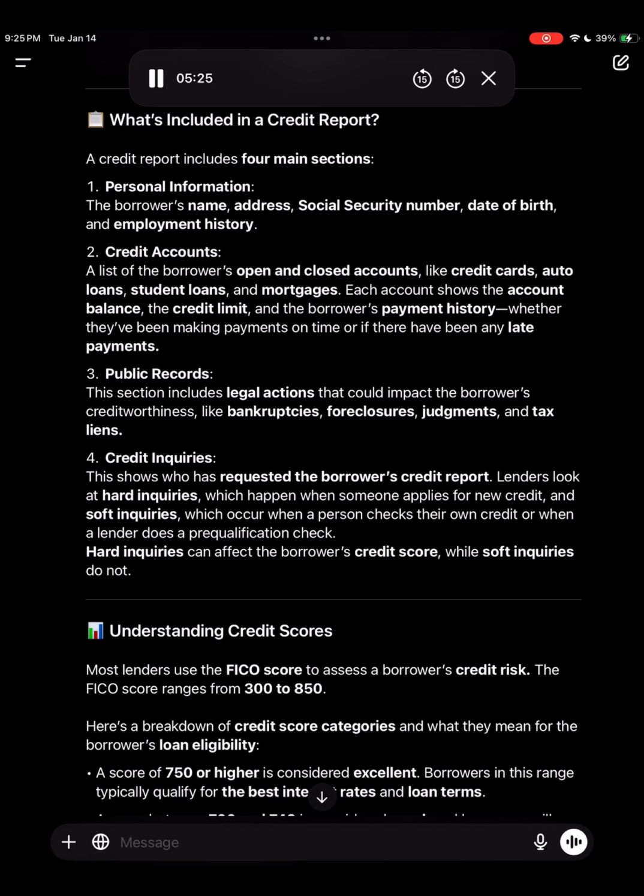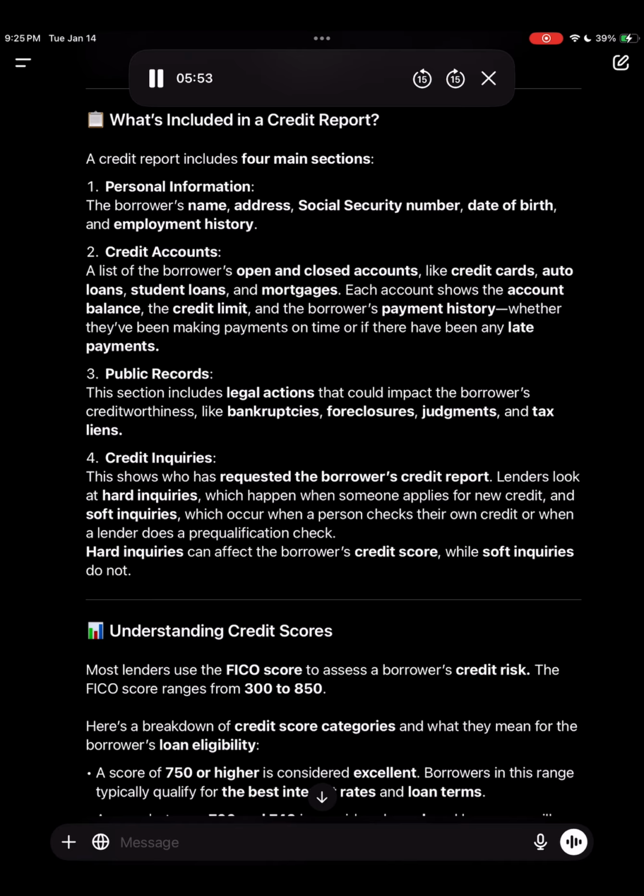Each account shows the account balance, the credit limit, and the borrower's payment history, whether they've been making payments on time or if there have been any late payments. 3. Public records. This section includes legal actions that could impact the borrower's creditworthiness, like bankruptcies, foreclosures, judgments, and tax liens. 4. Credit inquiries. This shows who has requested the borrower's credit report.